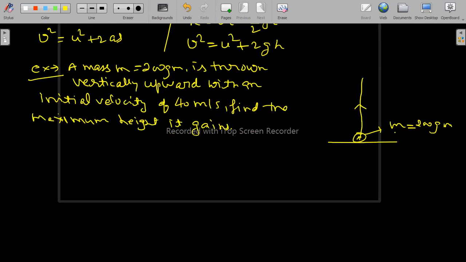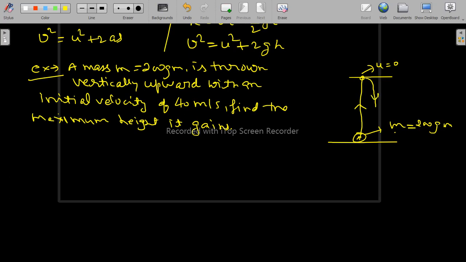The question is that there is a mass m of 200 gram and it is thrown vertically upward like this. When you throw any object vertically upward, after reaching the maximum height it will be at rest for a very short period of time, and then it will come back due to gravity.